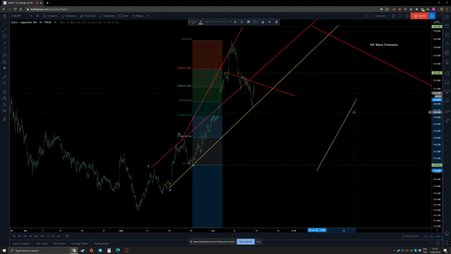Now, in this situation, can we still consider this as a fifth wave extension? What I've learned throughout the years is that you cannot take every single rule and use it to 100%.